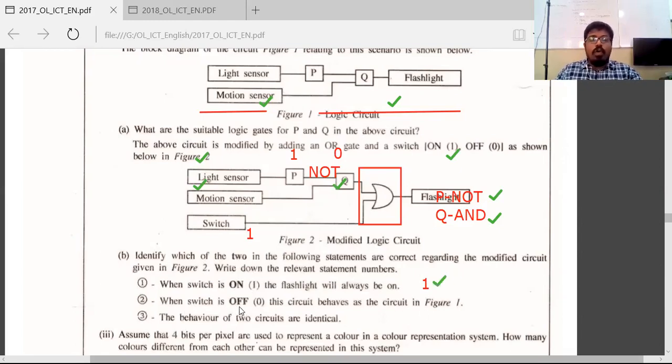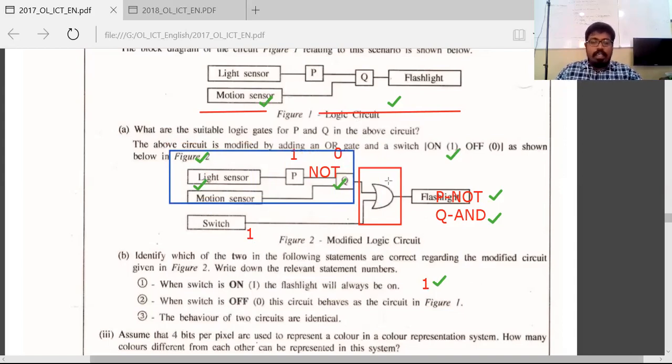When the switch is off, the circuit behaves as the circuit in figure 1. So when the switch is off, the output will depend on which one? This one, the blue color mark. Why?